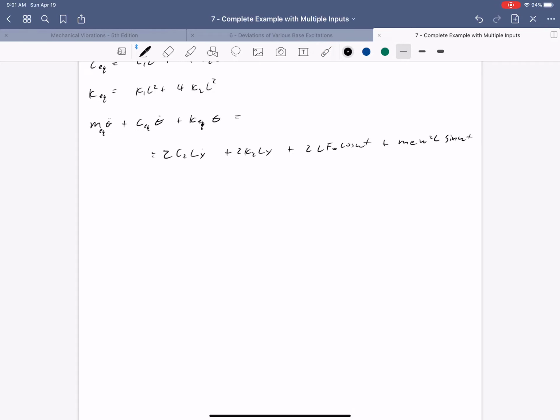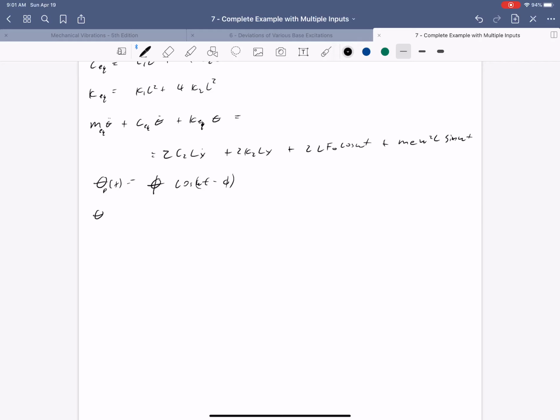So remember, we're going to define theta of t, our particular solution, as equal to capital theta, and I'm going to draw capital theta like that because I don't know how to draw capital theta, cosine omega t minus phi. So here's our phase shift right here.